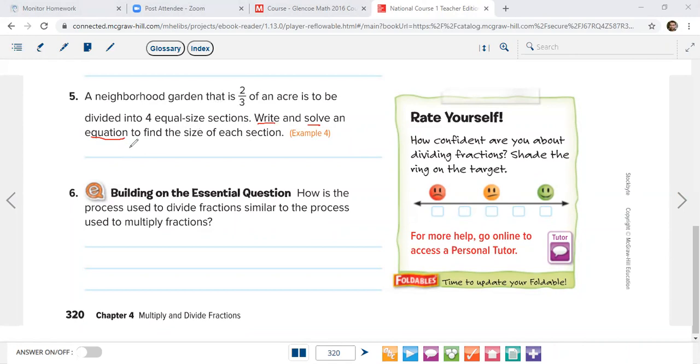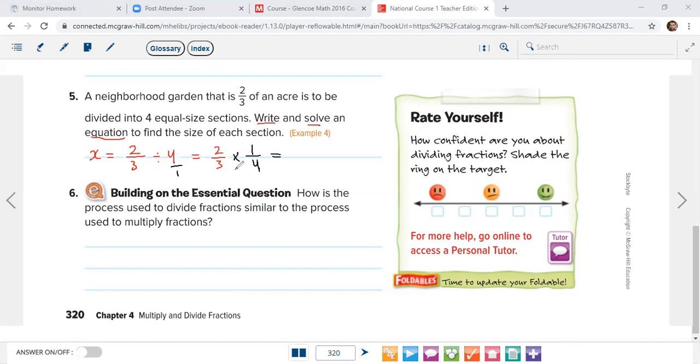You are going to divide 2 over 3, divide by 4. You want it to be an equation, just write at the beginning x equals. That's it. X equals 2 over 3 divided by 4. Then solve the problem normally. 2 over 3 stays the same. 4 is like 4 over 1. So multiply 1 over 4.